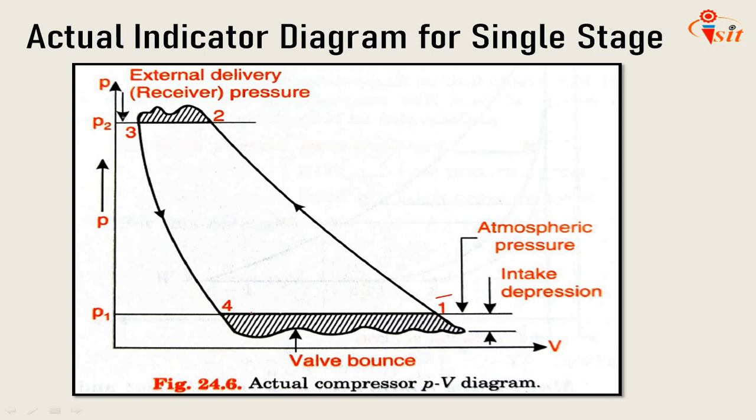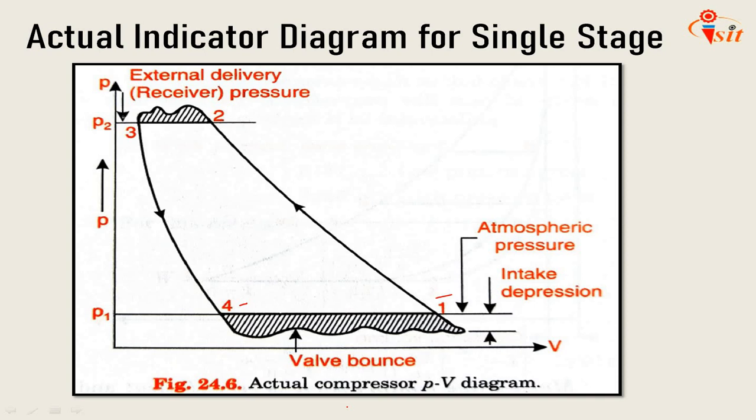At point 4, when the clearance air has expanded to atmospheric pressure, the inlet valve in practice will not open. Intake depression: there are two reasons. There must be a pressure difference across the inlet valve in order to move it, and the second reason is inlet valve inertia. Thus the pressure drops until the valve is forced off its seat.